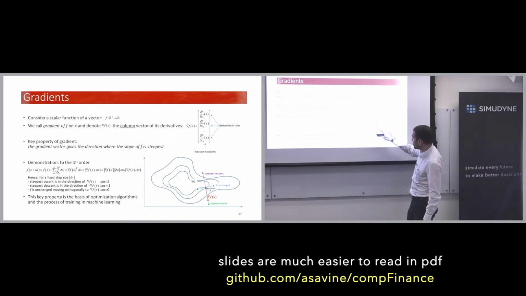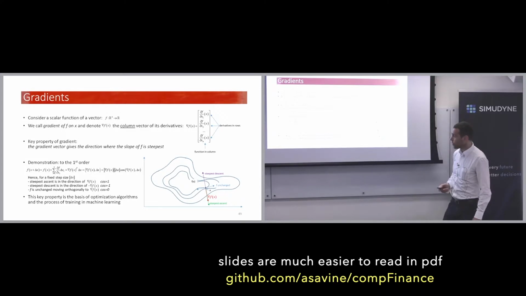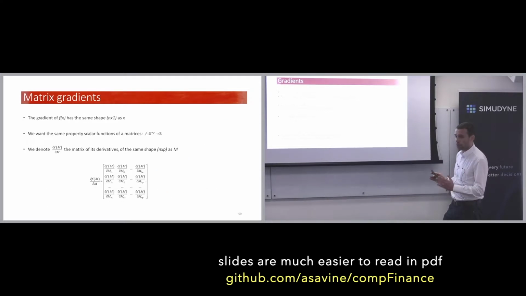And if I move orthogonally to my gradient, I don't modify f, so I move in a direction that's tangent to these blue lines. Okay? This is important to get because this is the basis for pretty much every optimization algorithm there is.